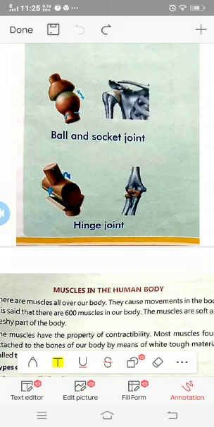Between the skull and the first two vertebrae is a pivot joint. The movement of our head from one side to the other and up and down is due to the pivotal joint.